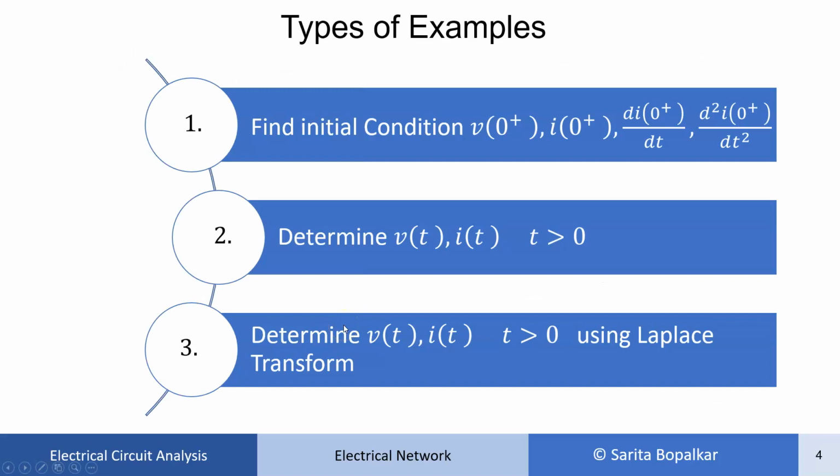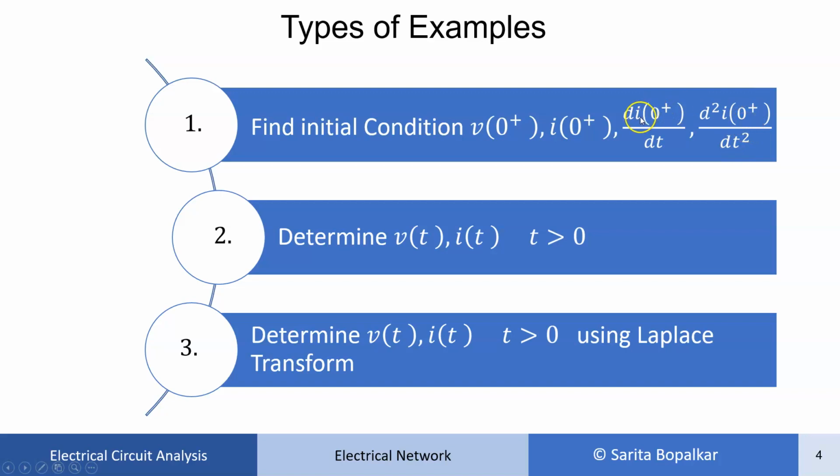Now, what types of examples come in transient analysis? First, always remember what types of examples there are, so it will be easy to decide what we want to find. The first type: find initial conditions V of 0 plus, I of 0 plus, di by dt at 0 plus, d square i by dt square at t equal to 0 plus.